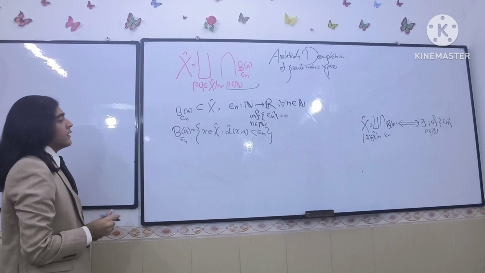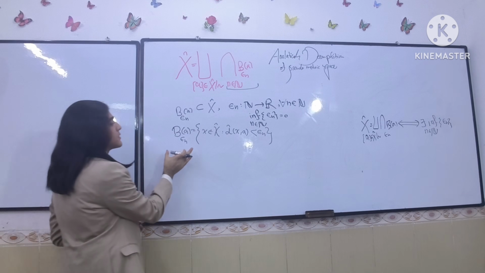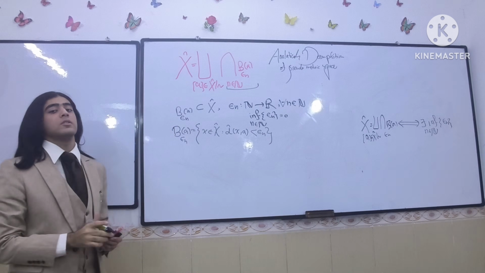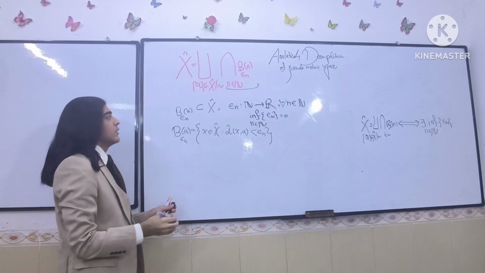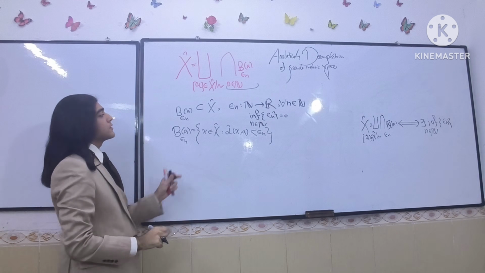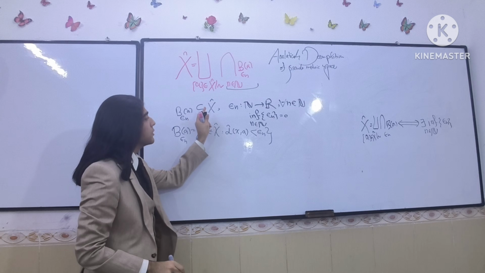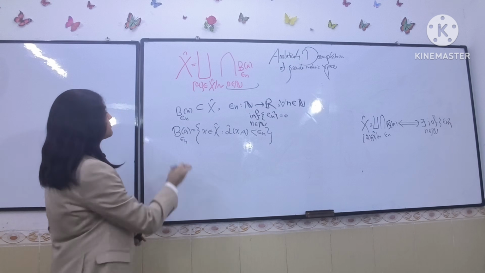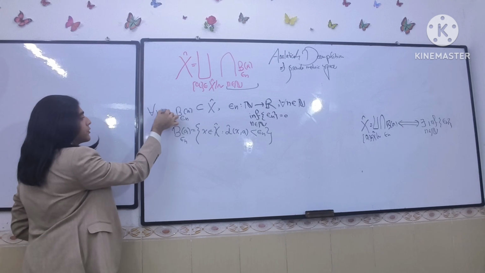So that is the definition of open balls in a pseudo-metric space. Of course, the neighborhoods are subsets of X for all n natural number.